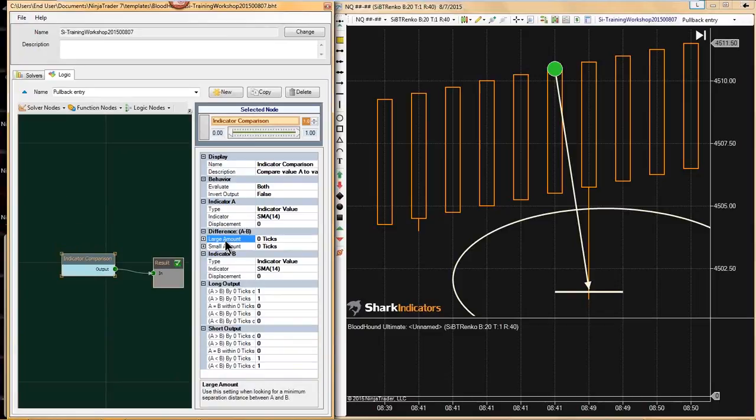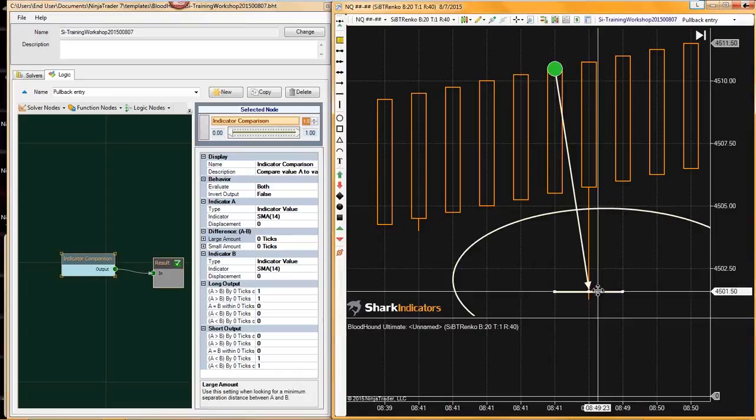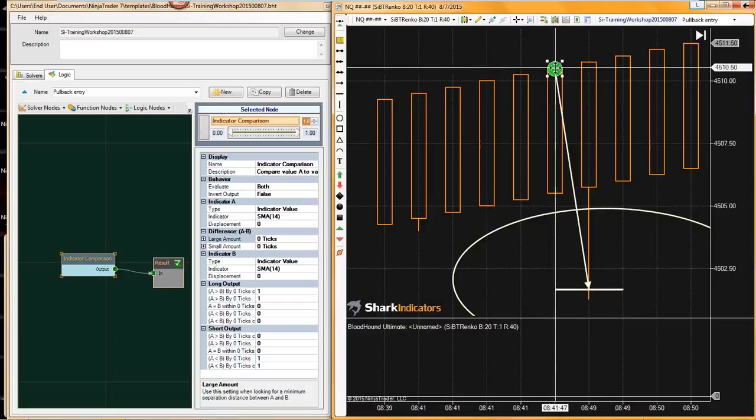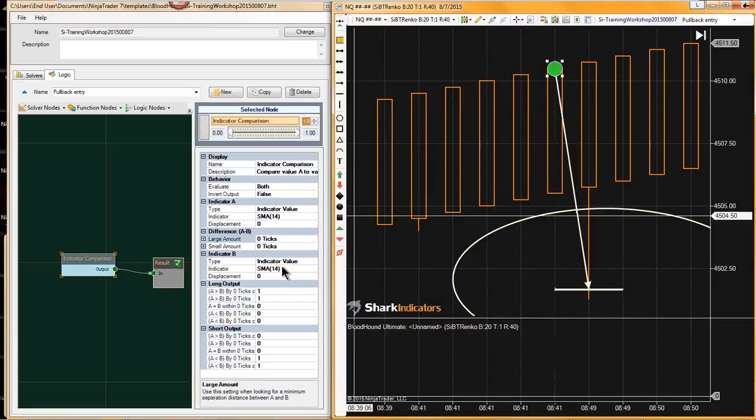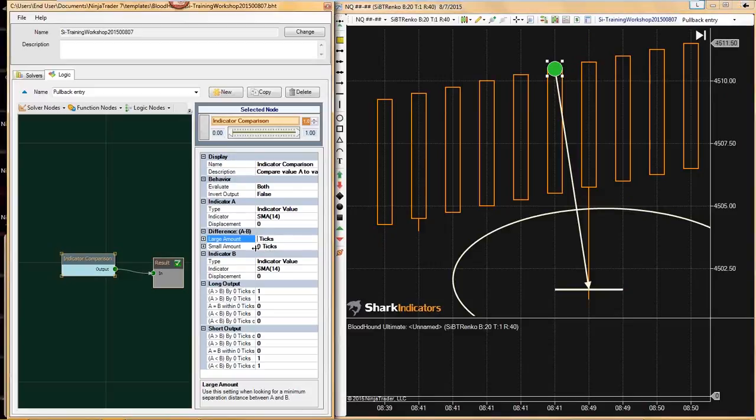We can use this to measure when an indicator moves a certain distance away, but in this case we're going to measure when the closing price, which is the last tick and is also called the closing price in NinjaTrader, moves down to the previous closing price, or the previous bar. We're going to measure that using the difference here.